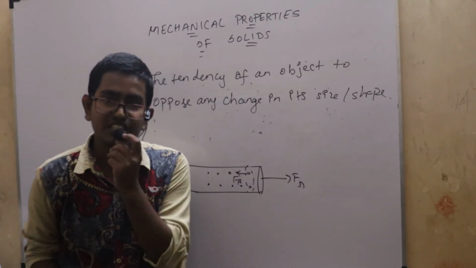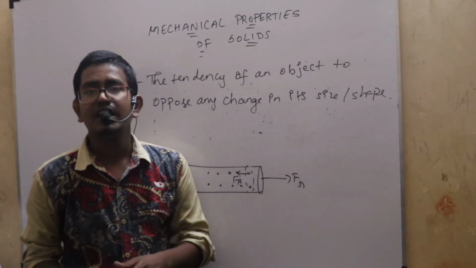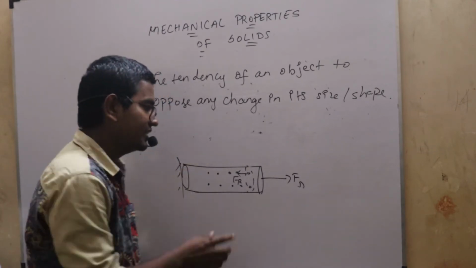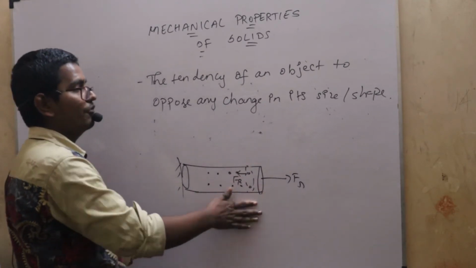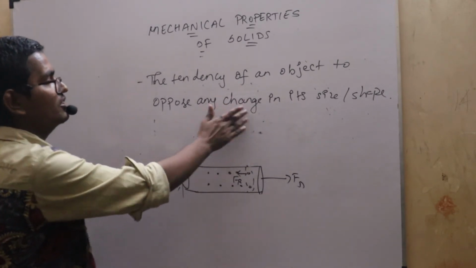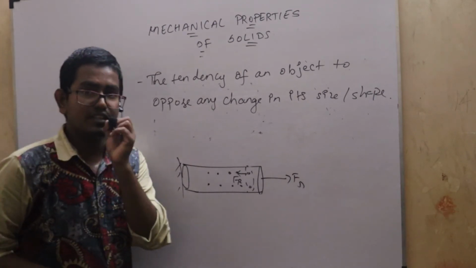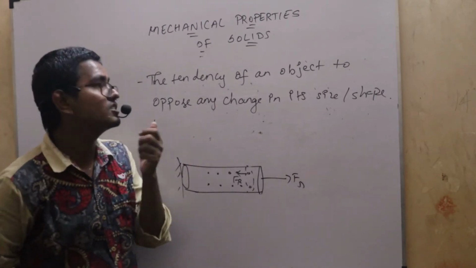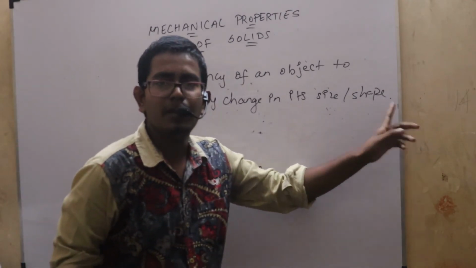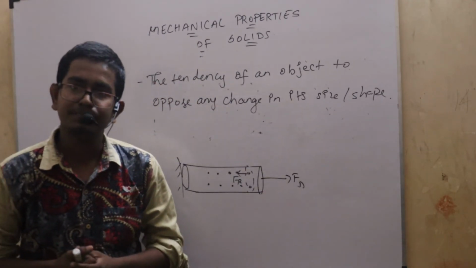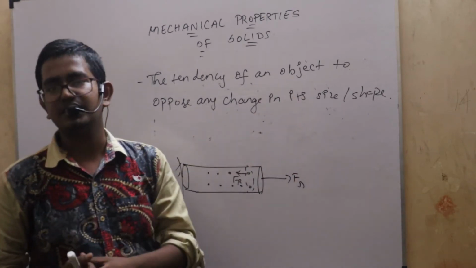As it is not changing its shape or size but is opposing the deforming force, that means it is showing the phenomenon of elasticity, which is the second definition of elasticity. So the tendency of an object to oppose any change in its size or shape will be known as elasticity.